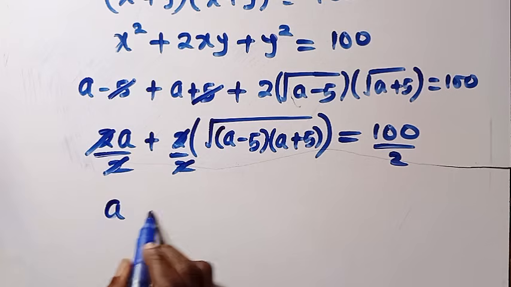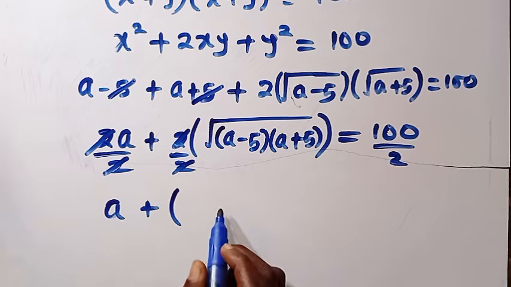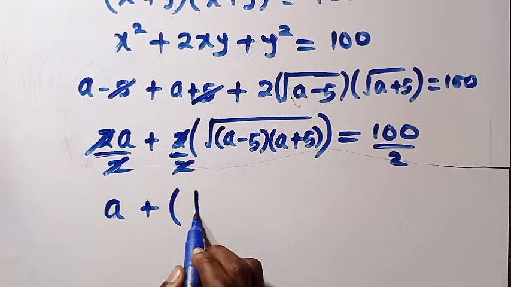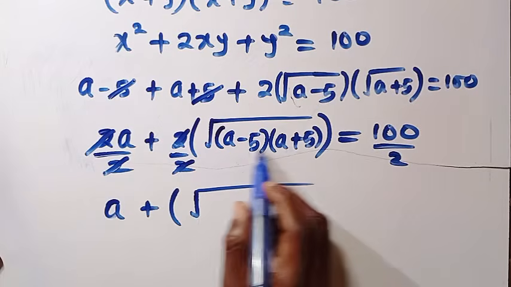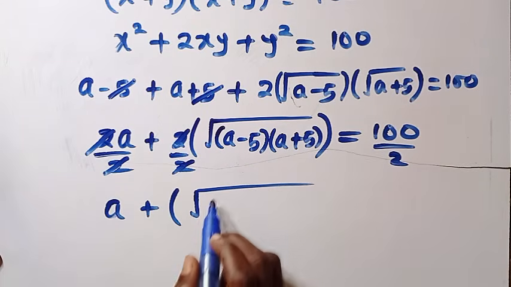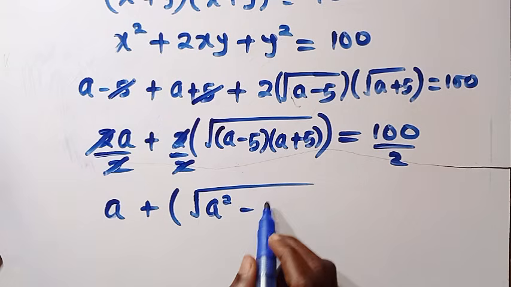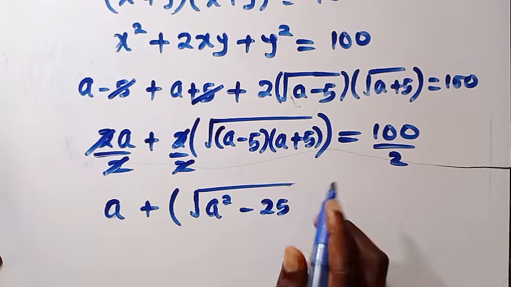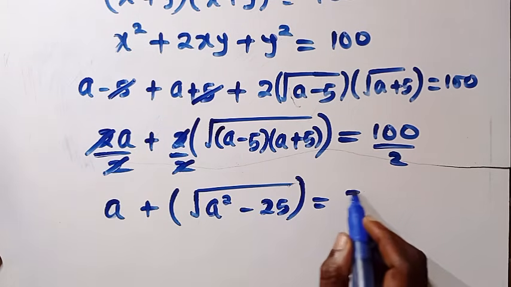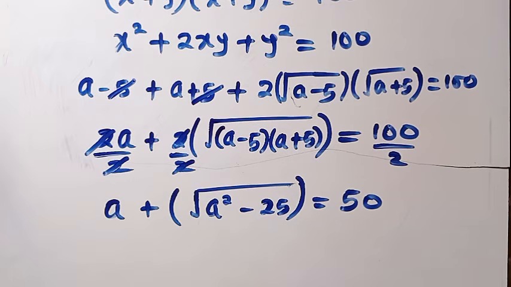So here we have a plus open bracket, we have square root of, this is like difference of two squares, a multiplied by a gives us a squared minus 5 multiplied by 5, this gives us 25 in bracket equals 50.